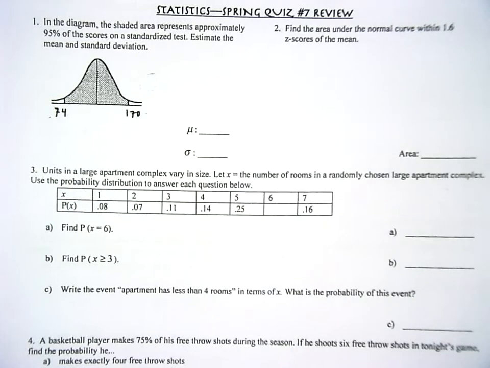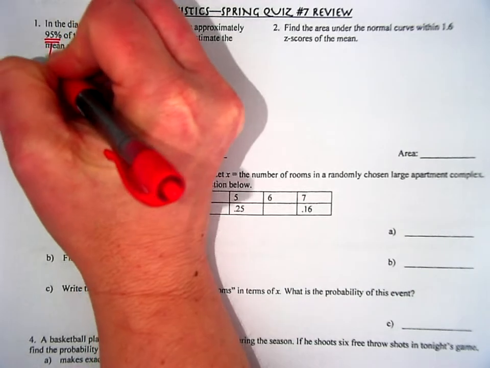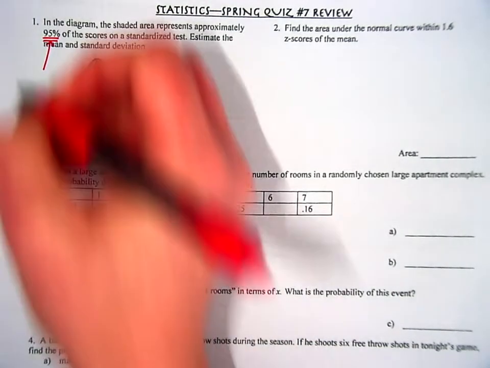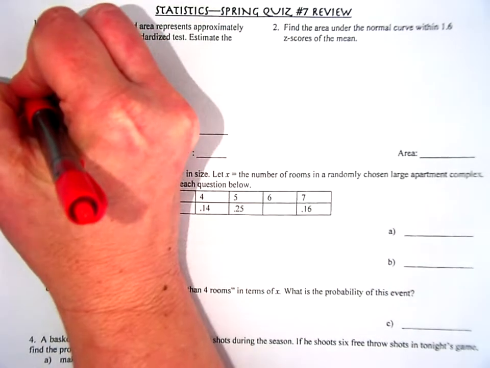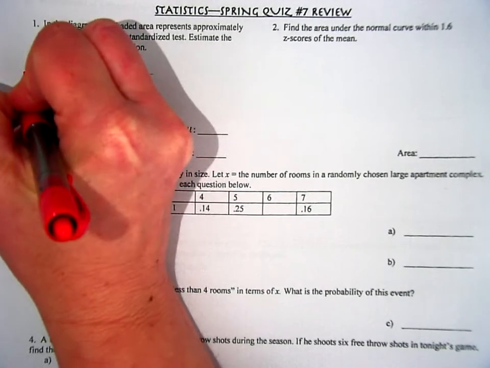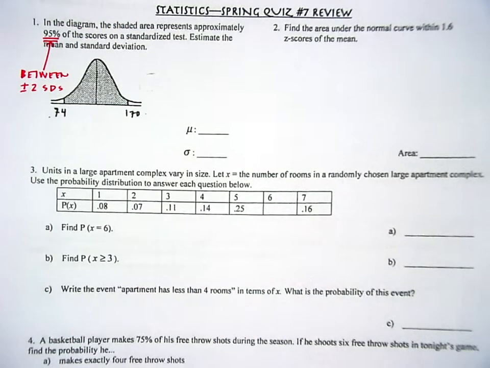Okay, so first up, in the diagram, the shaded region represents approximately 95% of the scores on a standardized test. Estimate the mean and the standard deviation. So right here, that is a massive clue. That 95% is saying these are the markers between plus or minus 2 standard deviations from the mean.